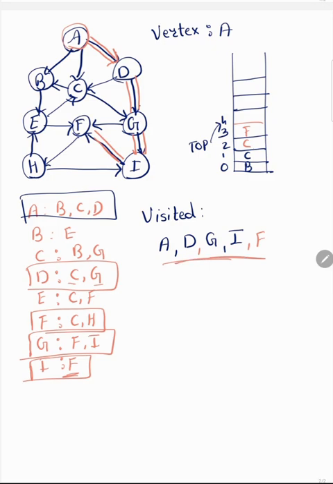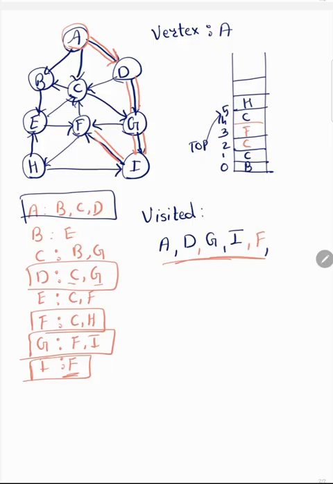Both are not available, so I'll go from F. We have this line, so from F it's C and H. So I'll push C and H. My top would be pointing to H.